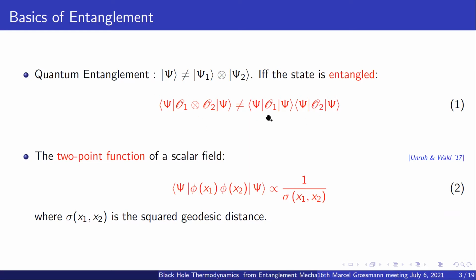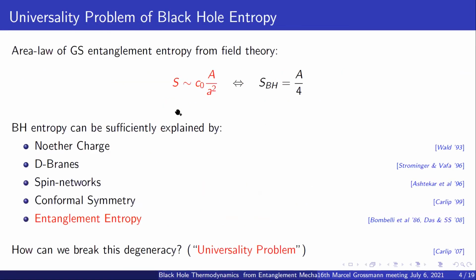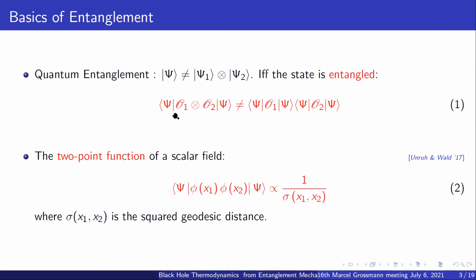This is an alternate definition of entanglement that I have given here for a state psi, where observable 1 acts on subsystem 1 and observable 2 acts on subsystem 2. This marks a sharp deviation from how we have come to understand classical mechanics. And so entanglement is an essential feature that is exclusive to quantum mechanics.